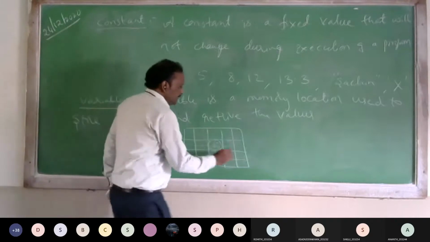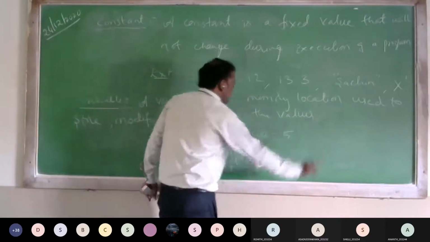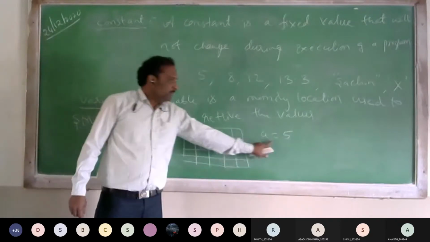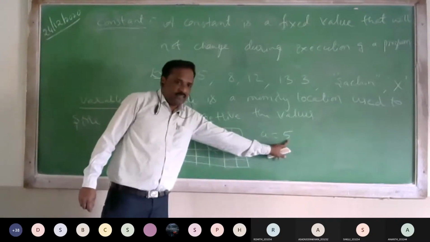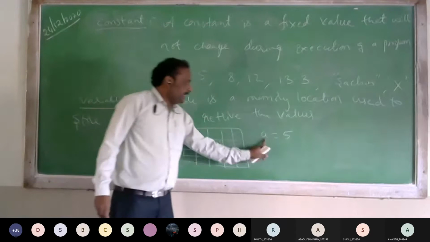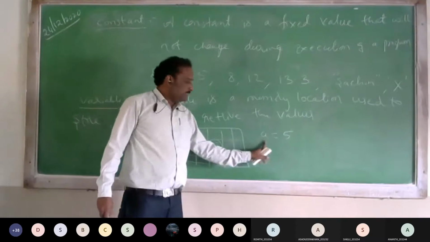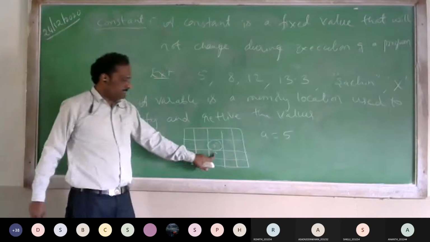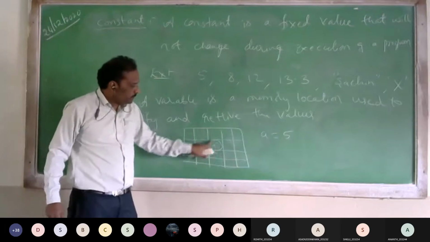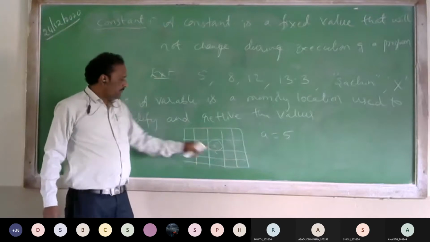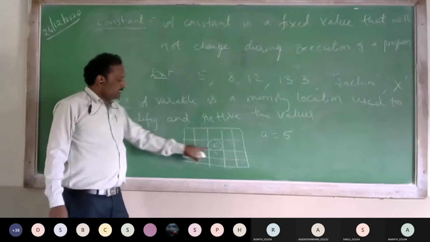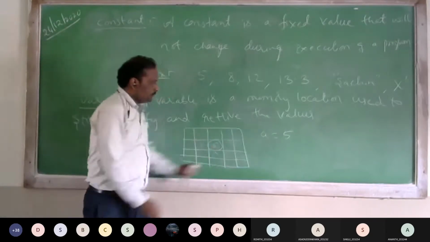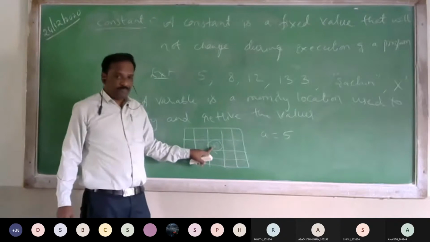For example, A is equal to 5. So A is a variable, 5 is a constant. Now A is containing the value 5. Say A is stored at this place in memory. So this memory location name is called a variable. Initially it contains the value 5 because I have assigned the value 5.